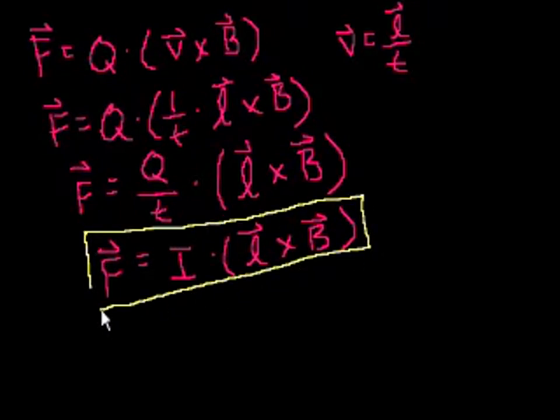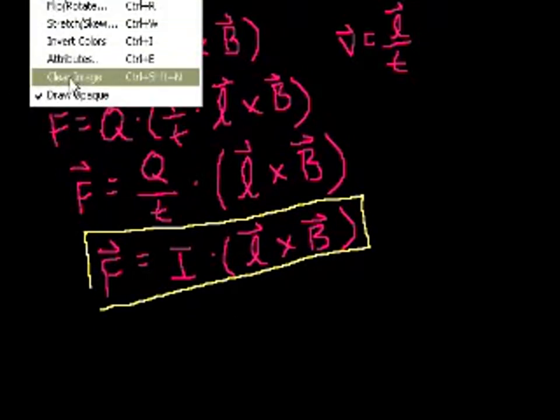But let's see if we can use this to figure out the effect that a magnetic field has on a current carrying wire. So I probably want to put this up at the top just so that I have space to draw a current carrying wire. So let me rewrite it in green, so you're familiar with the formula in all colors.